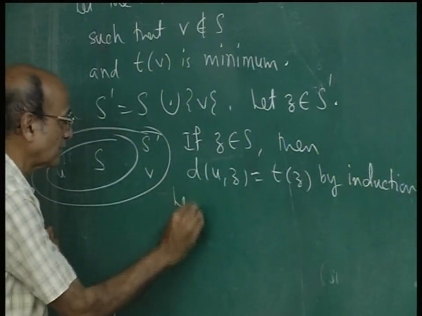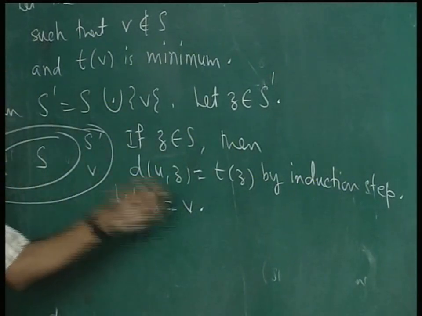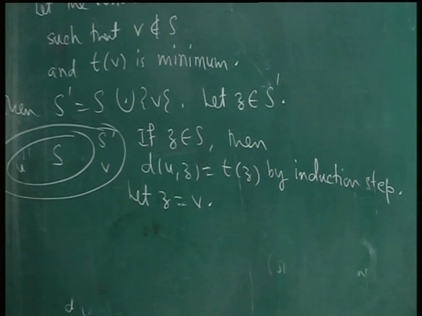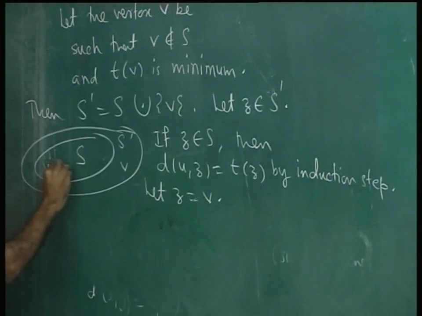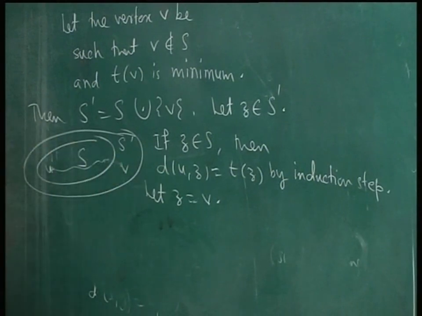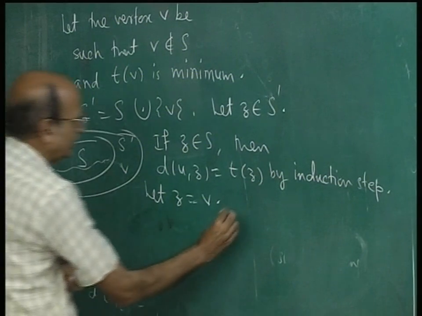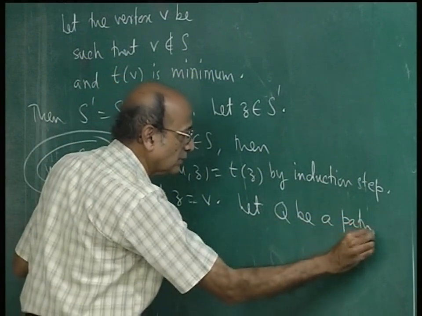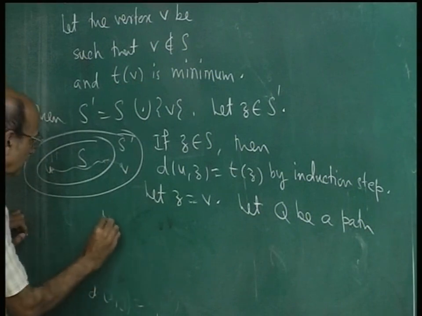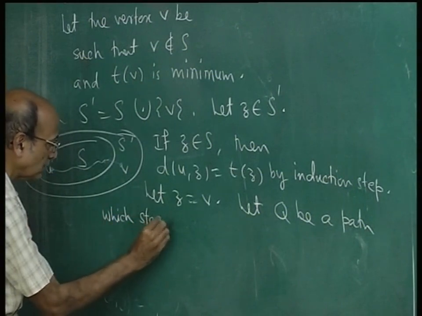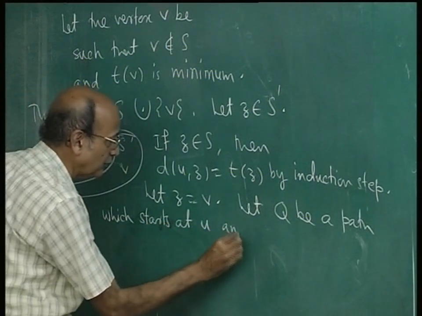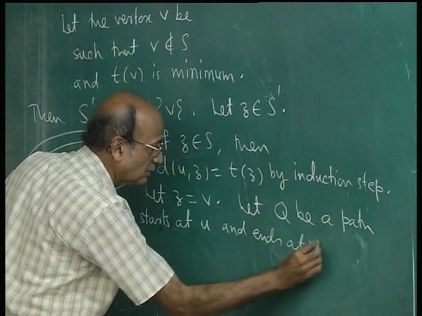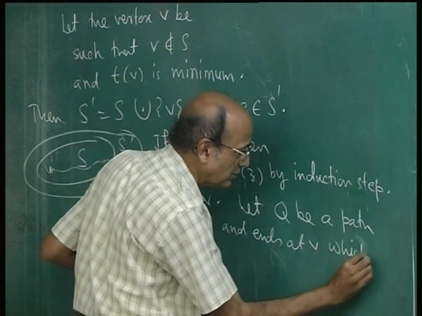So let Z be equal to V. I want to say that the distance from U to V is what we'll call T of V. Let Q be a path which starts at U and ends at V, which has smallest weight.